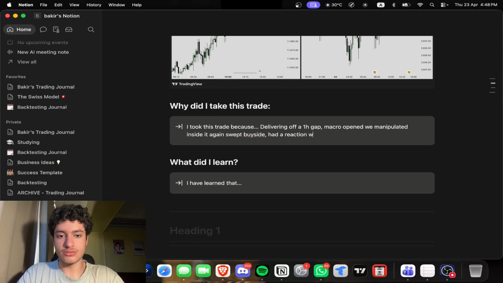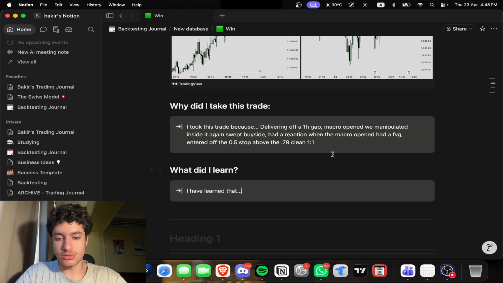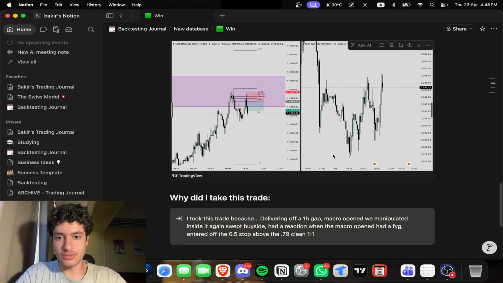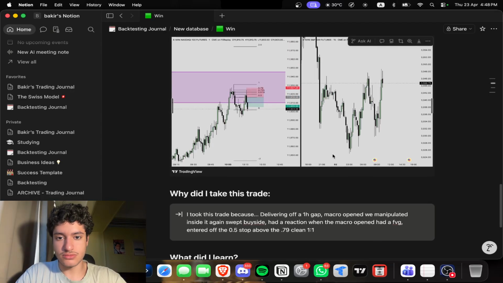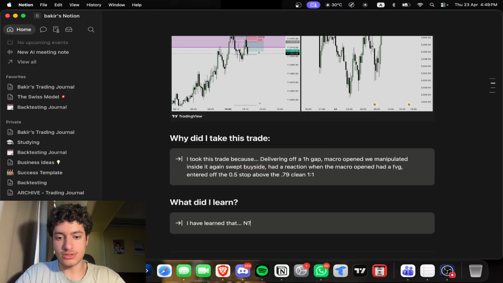Had a reaction when the macro opened. The value gap, entered off the 0.5, stop above the 7.9 lean, 1-to-1. What have I learned? I didn't really learn anything new, to be honest. I'll just put that as a name.